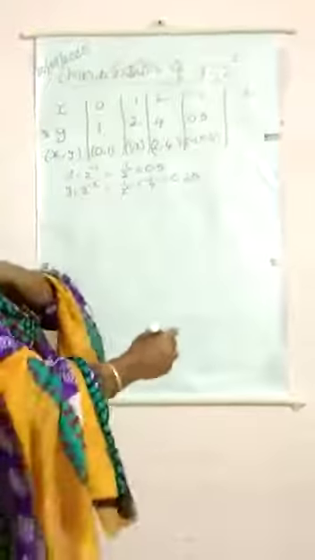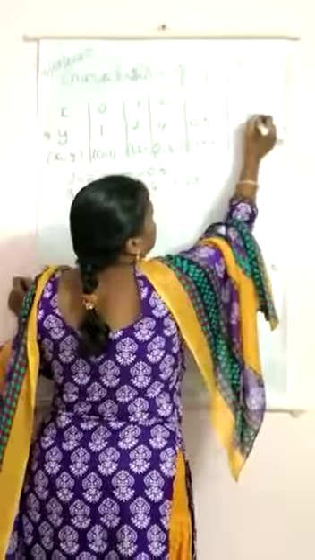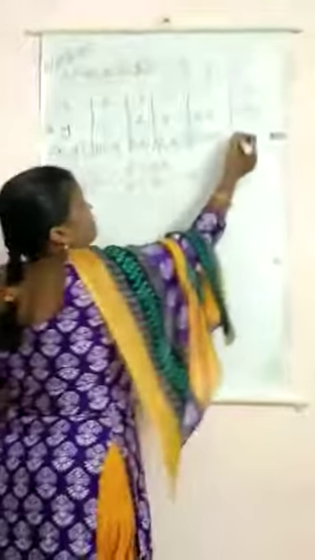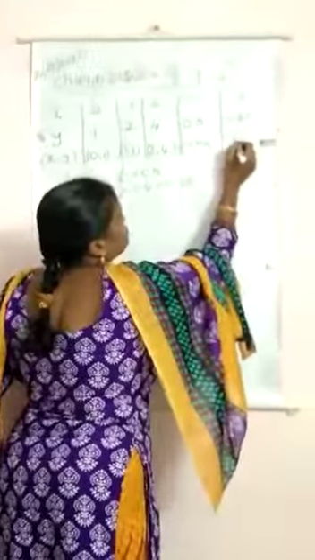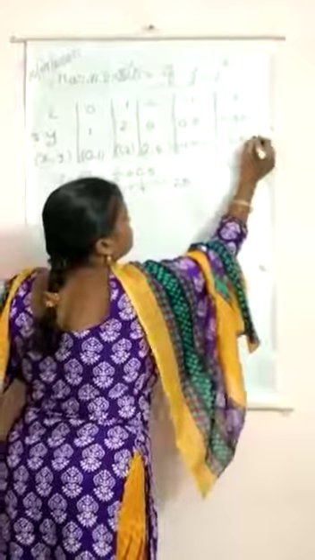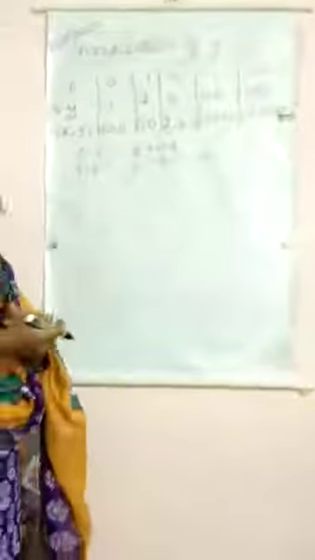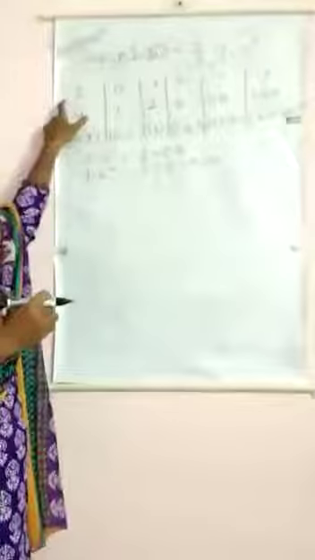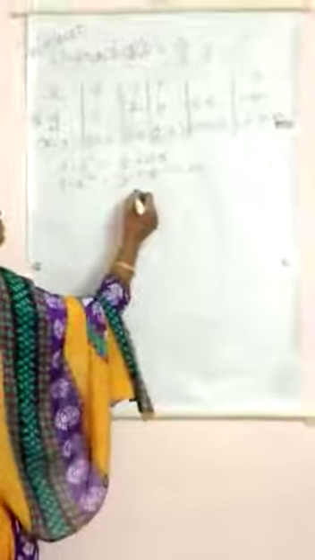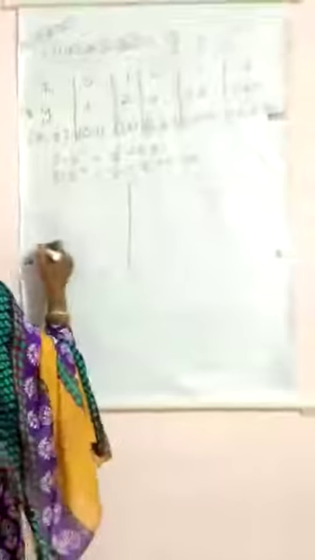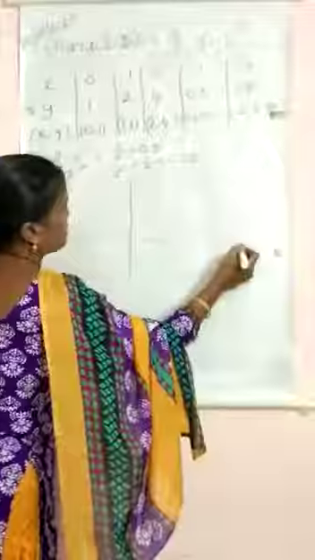So the point is minus 2 comma 0.25. In this way, we can take many values for x and get many solutions for y. Okay, so now I am plotting these values on the x-axis and y-axis.